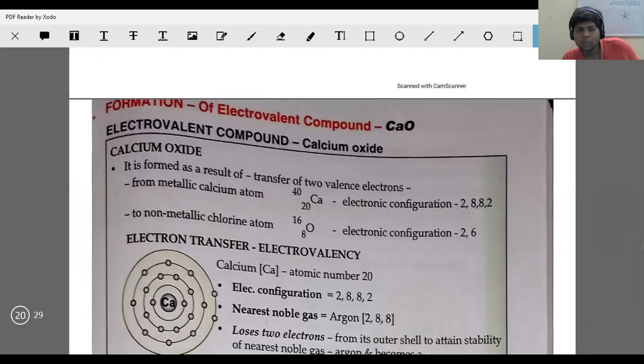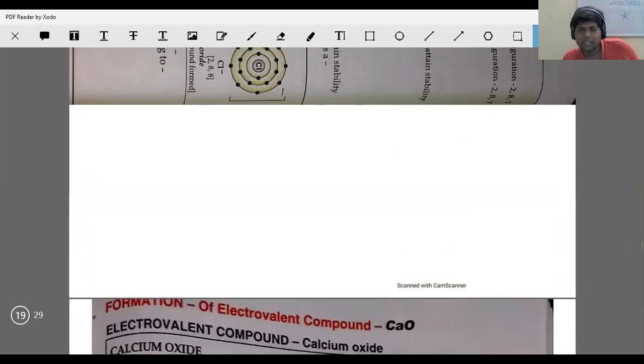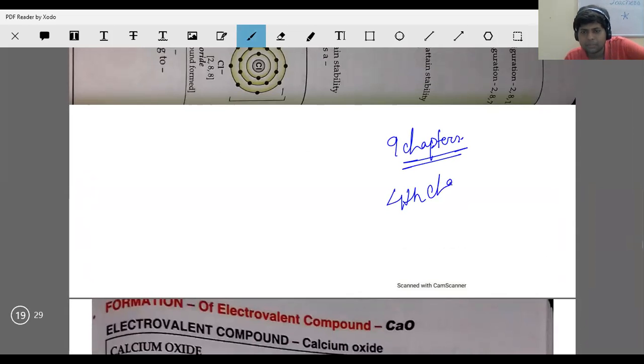Overall, how many chapters are there in your class 9 textbook? Sir, 9 chapters. How many have we finished till now? Sir, we have done till chapter 4. We have done half of the chapter. Sir, the rest of the half is not very important. It only shows the diagrams of them.